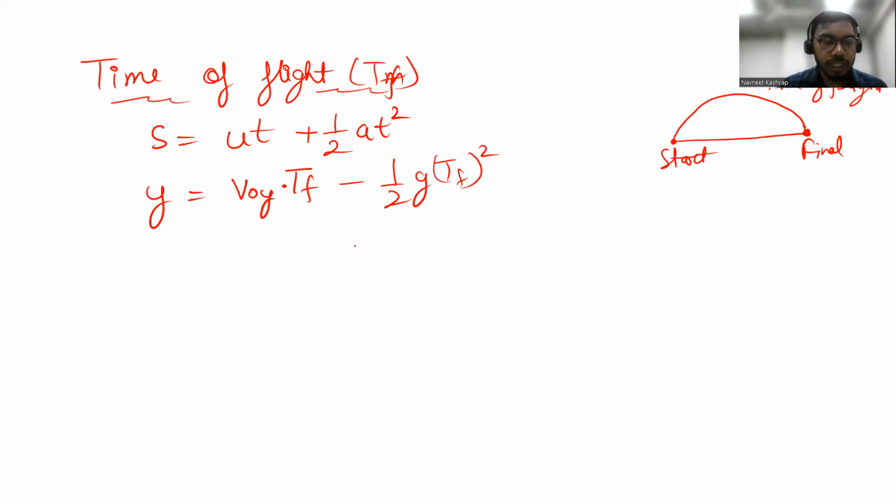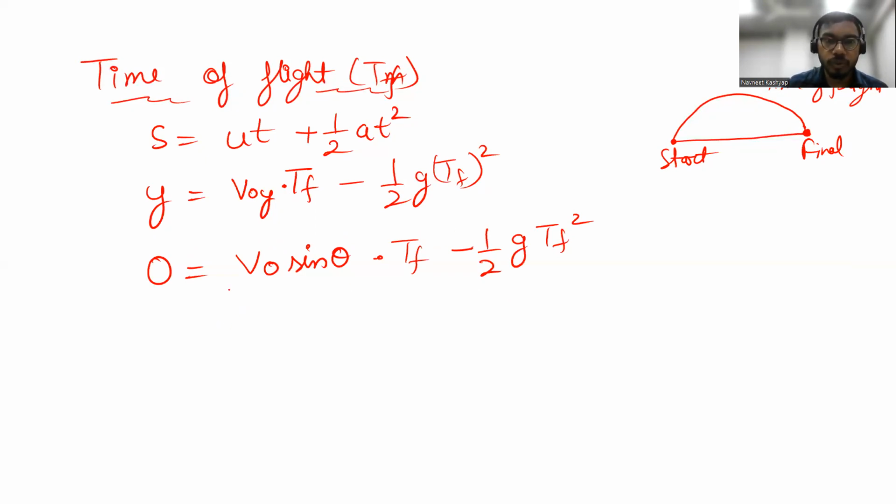Now, what we see is that if we put in values, the vertical displacement is 0. So 0 is equal to v naught sine theta for the vertical direction times Tf, minus half g Tf square. We can transpose the negative term to one side, and we get half g Tf square is equal to v naught sine theta times time of flight.